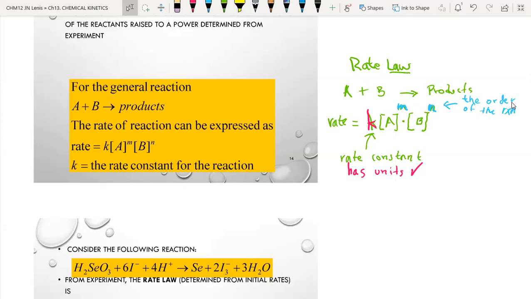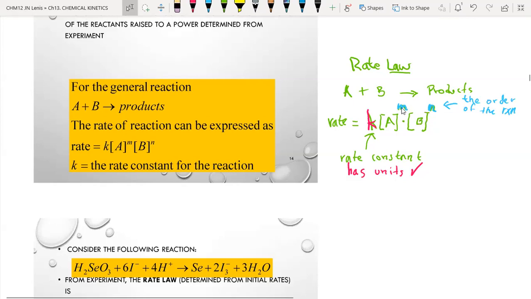So the orders of the reaction are M and N. M is the order of the reaction with respect to the concentration of A, and N is the order of the reaction with respect to the concentration of B. So that's how you express that.